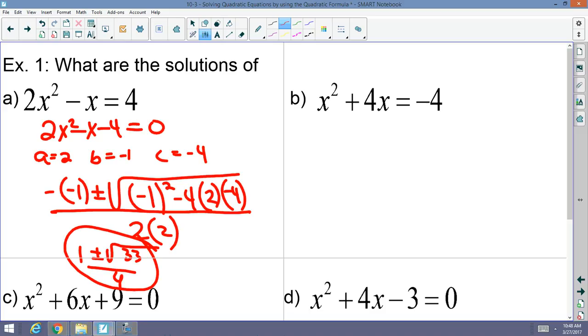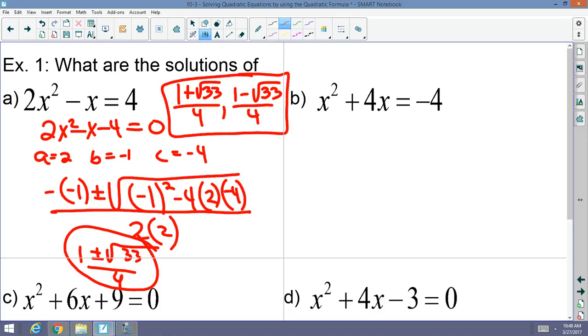What does that mean? That means that I have the solution 1 plus square root of 33 over 4, comma, 1 minus square root of 33 over 4. Those are my solutions. I do not have to separate them into the plus or minus because the plus or minus is right here. Now, sometimes I'm going to have number values that I can actually calculate.